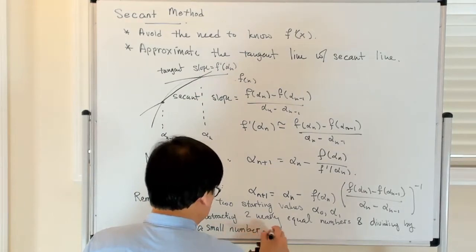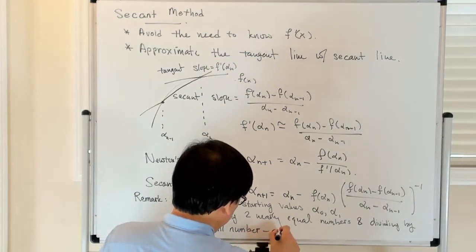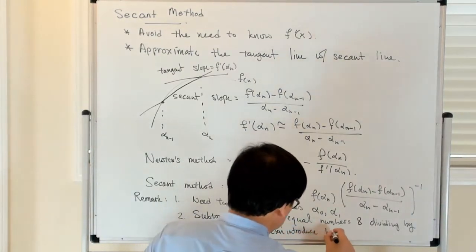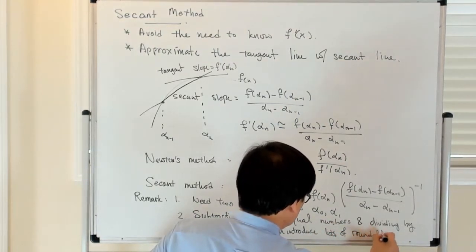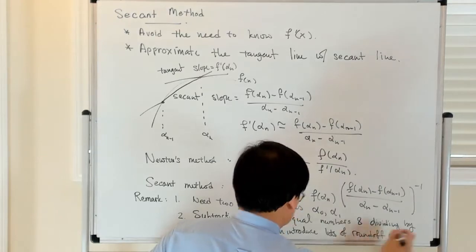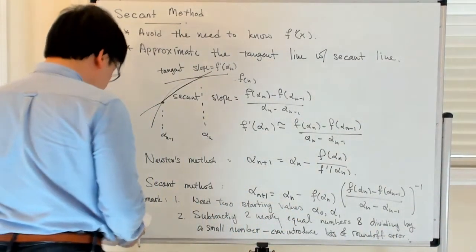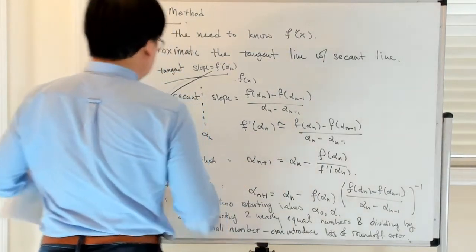So this has the effect of potentially introducing a lot of round-off error, so one needs to be aware of that as well. Okay, so that's the Newton method and that's the secant method.